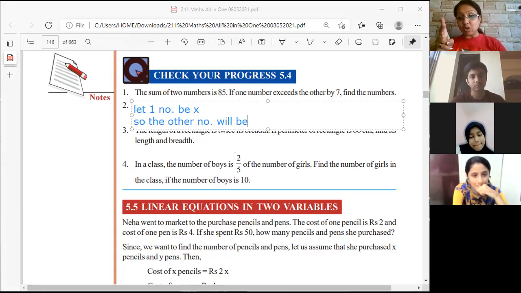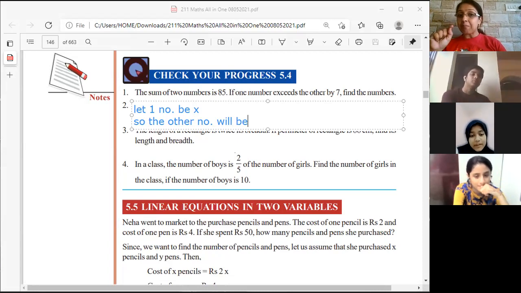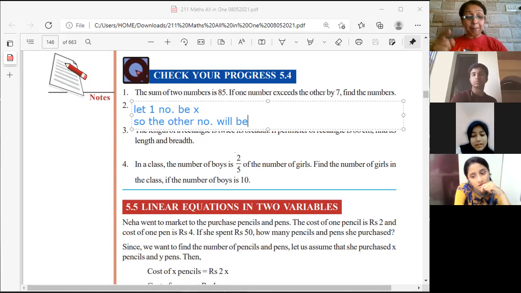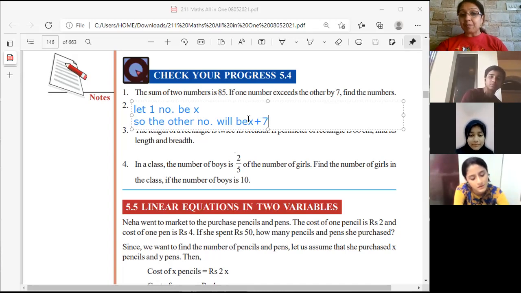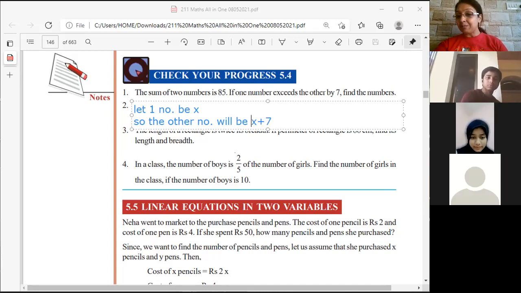Now I can take only one number as x. The other number, see, they have given me the condition. They have said if one number exceeds the other by 7. Exceeds, so plus 7. So my other number will be x plus 7. Do you agree?